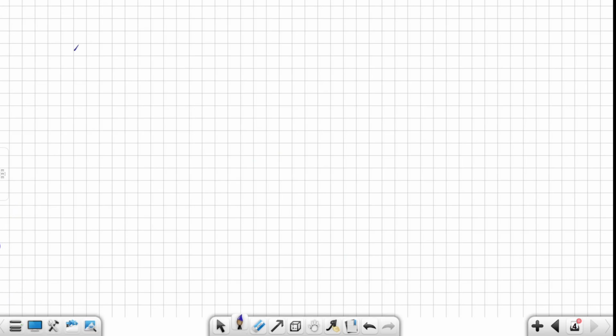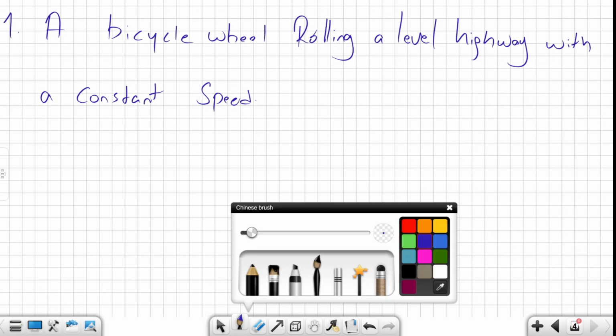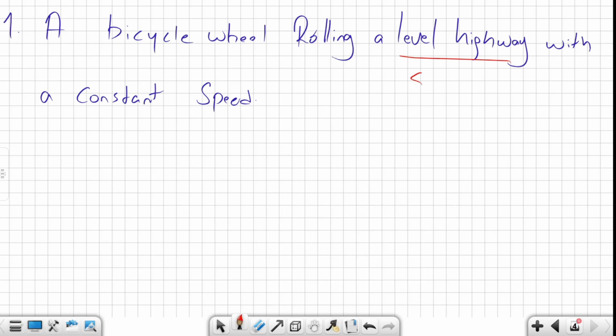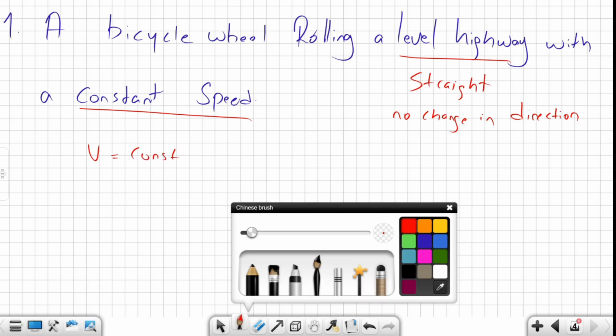The first one, a bicycle wheel rolling along a level highway with a constant speed. Let's analyze this. A level highway means that the road is a straight one. It means there is no change in the direction. So direction is constant, and the speed is also constant, so velocity is also constant. So V is constant. Since velocity is constant, omega is also constant.